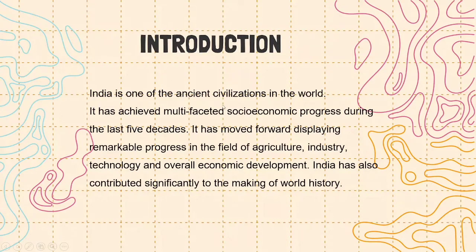That is, India is progressing day by day in the field of agriculture, industry, technology, and India as a country is contributing to the overall economic development of the globe. Also, to note, India has contributed significantly to the making of world history. So from this we could understand how India plays a vital role in improving the progress of the world.